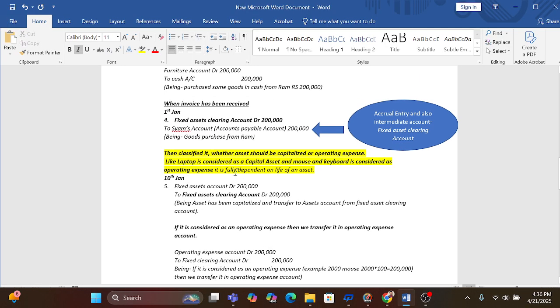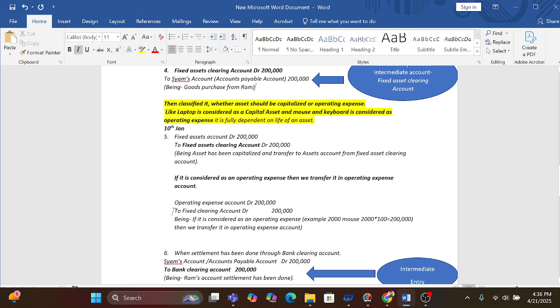If you see here, fixed asset clearing account is debit and fixed asset clearing account will be credit. After all, the impact of this entry will be zero, even if it is considered as a fixed asset or as an operating expense.